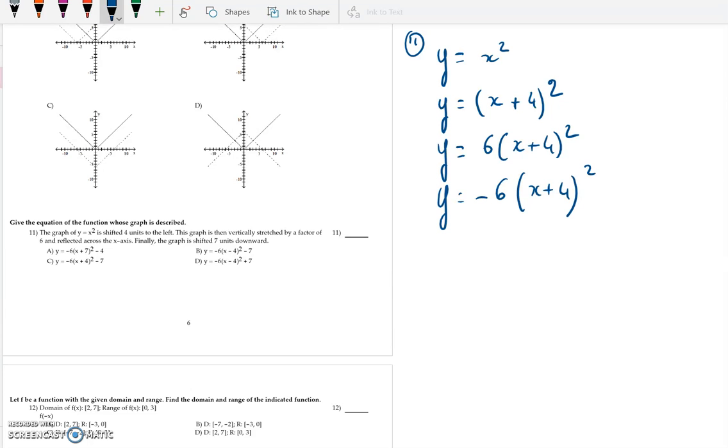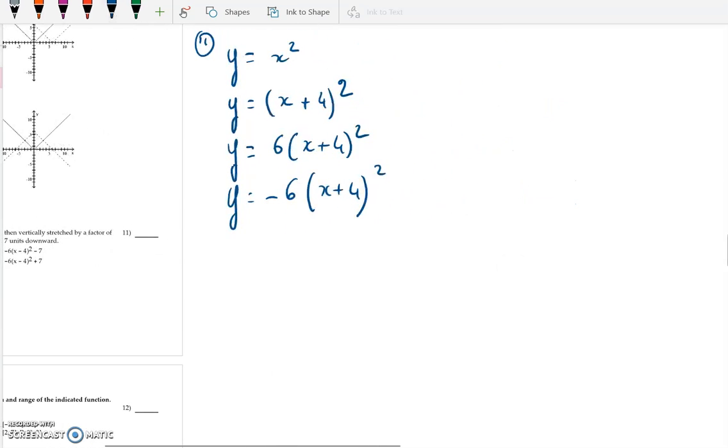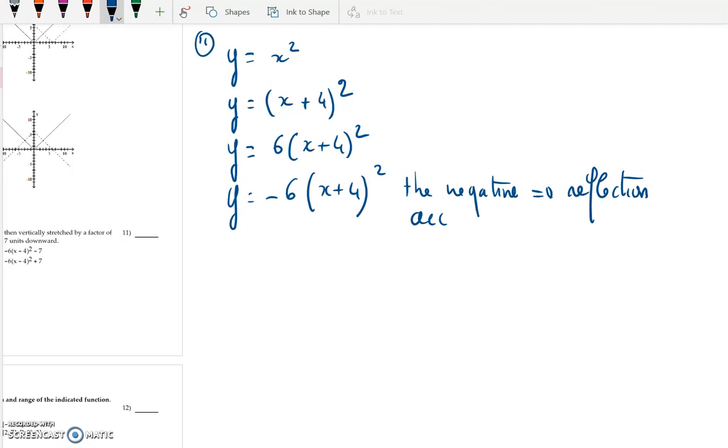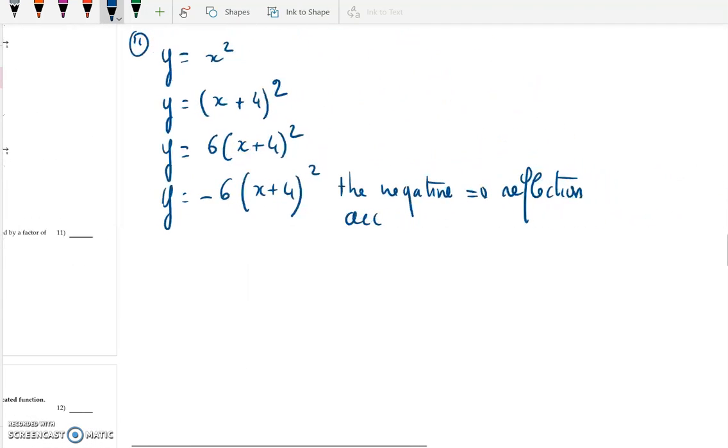The negative here corresponds to a reflection across the x-axis.